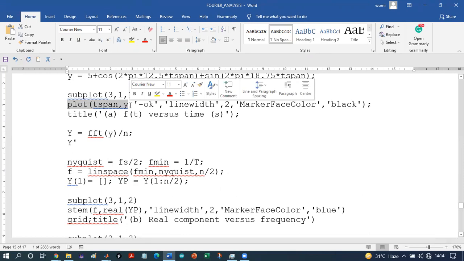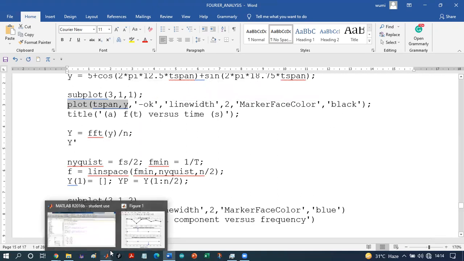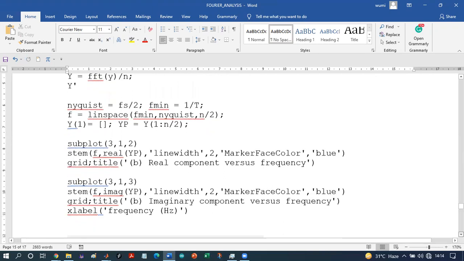This represents the x-axis, and this represents the y-axis. So all of this is just cosmetics. The line weight is 2, the face color is black. So it's just cosmetics. You don't need to be really interested in that.